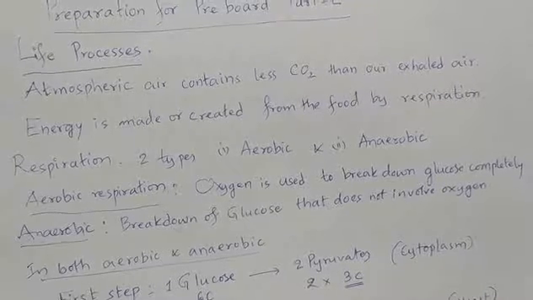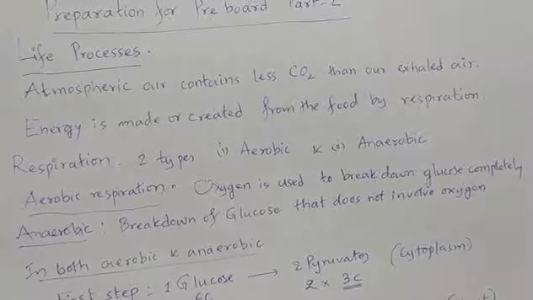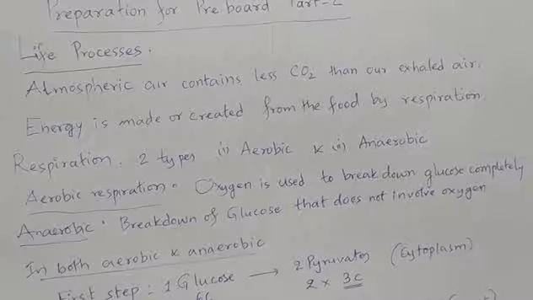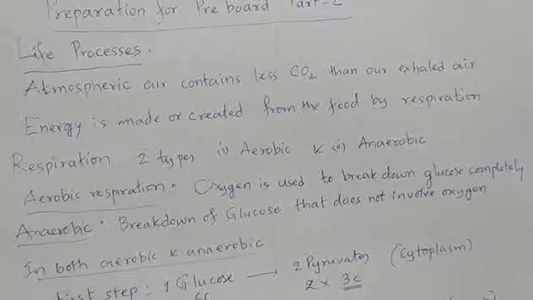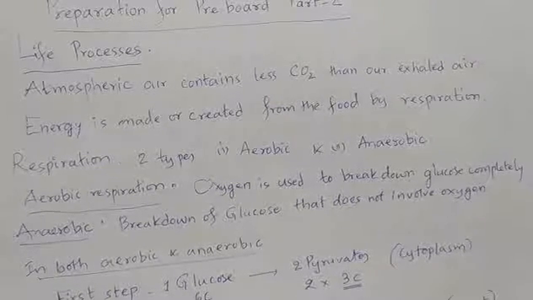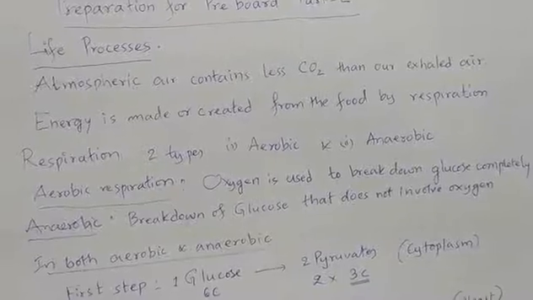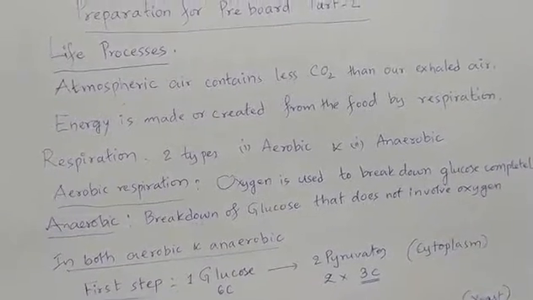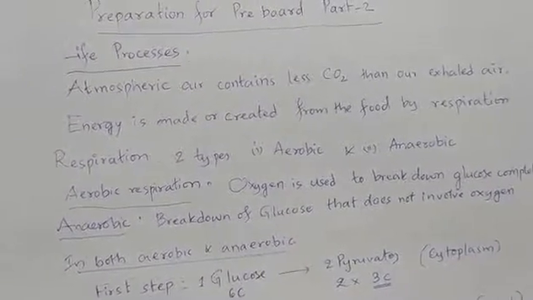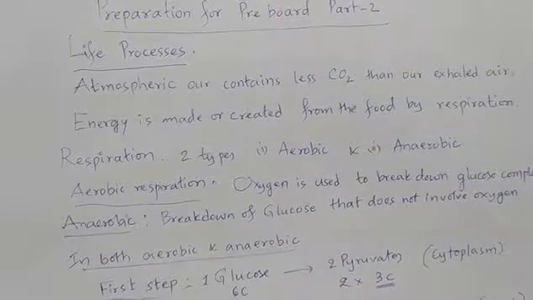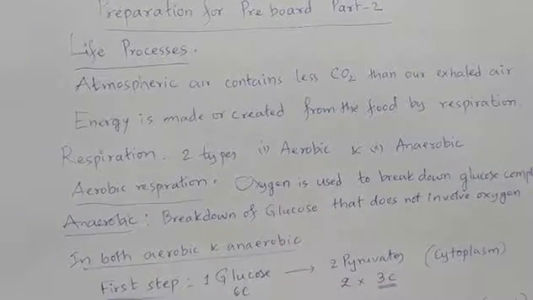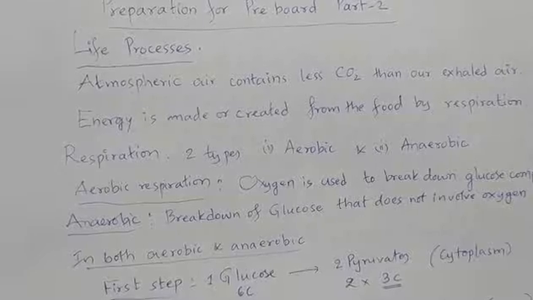Anaerobic respiration is the type of respiration in which the breakdown of glucose does not involve oxygen. So, if the respiration involves oxygen, it is called aerobic. If respiration does not involve oxygen, that is called anaerobic respiration.